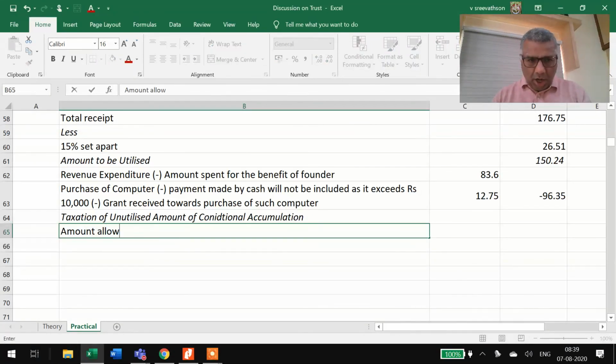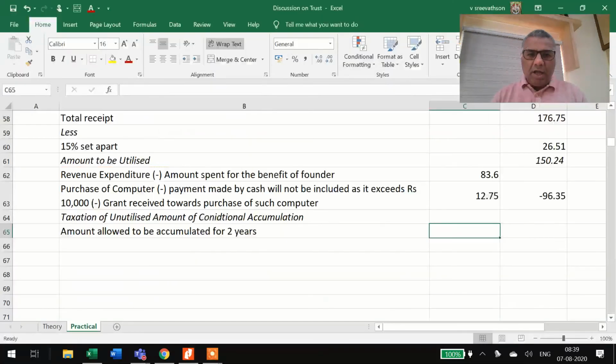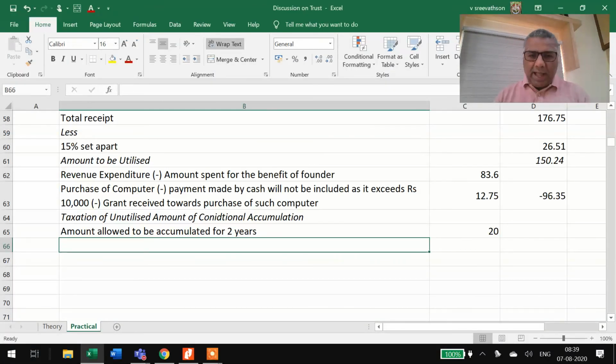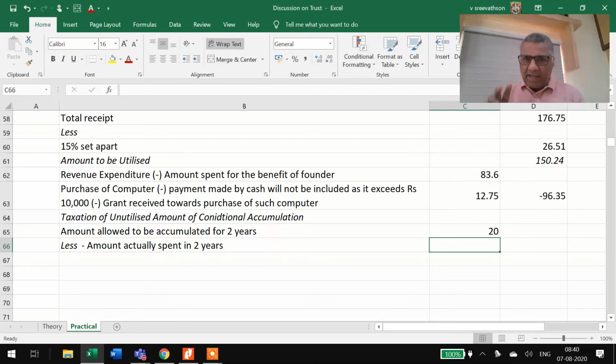Amount allowed to be accumulated for 2 years. In 17-18, I was allowed 20 lakhs to be accumulated. Less amount actually spent in 2 years, that is 18-19 and 19-20.